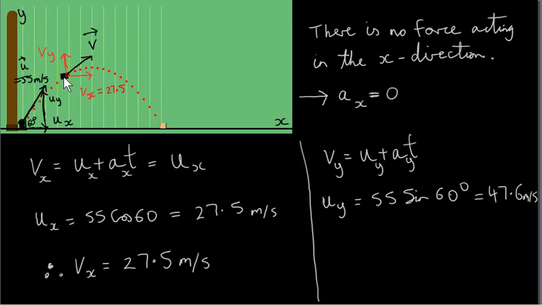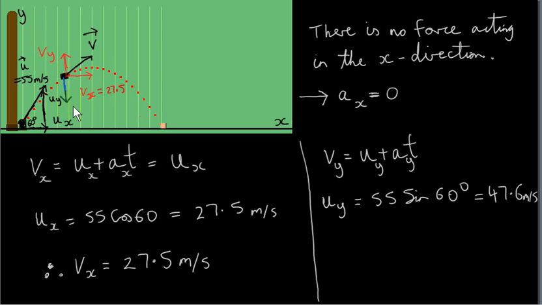What about ay? Well, we looked at the x component of the acceleration of this object. We saw that it was 0 because there are no forces in the x direction. So if the x component is 0, the acceleration must be entirely in the y direction. And we've explained this before. The y component of the acceleration is 9.81 meters per second squared.